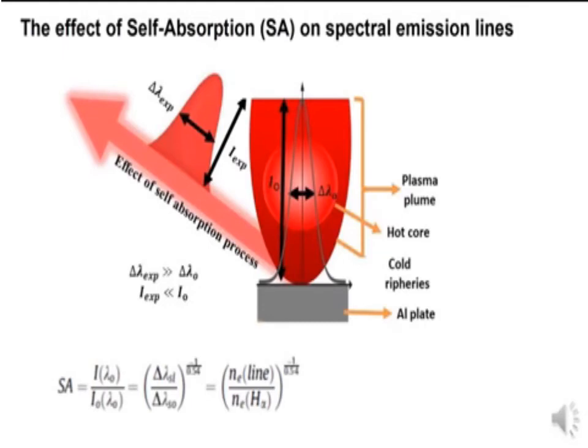For the calcium line, we have three lines: two ionic lines and one neutral line. The first ones are 393 and 396, the ionic lines, and 422, which is the neutral line, divided by the electron density, which is calculated before, of the H alpha line, to the power of -1 over 0.54.